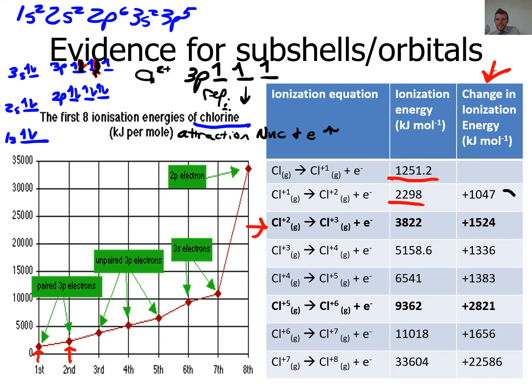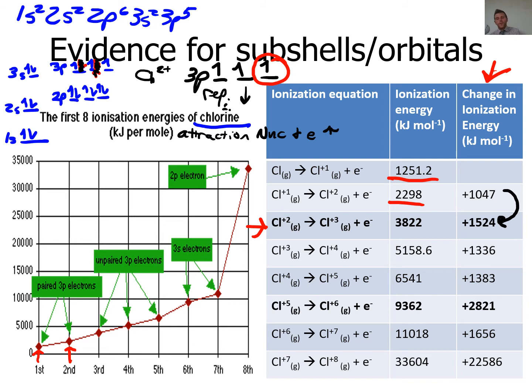And then what we can see here is there's a much larger jump in terms of the change in ionization energy. I needed to put in an extra 1,500 kilojoules per mole just to remove this one electron.